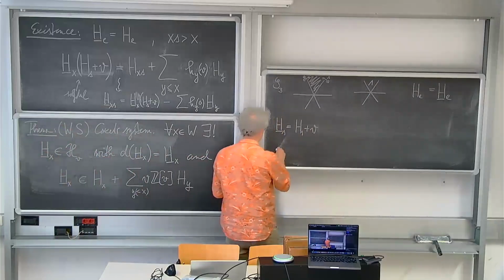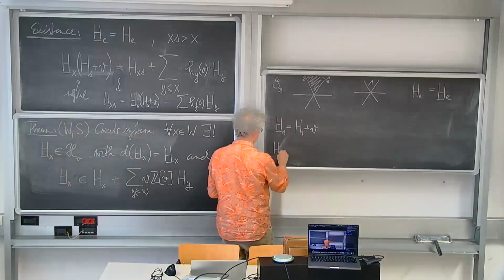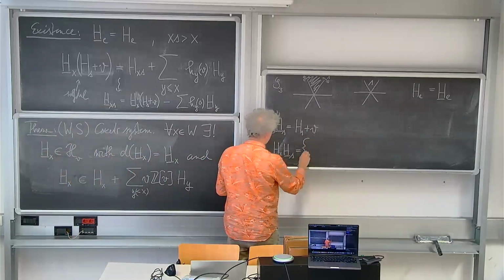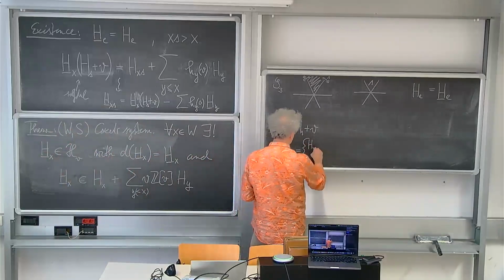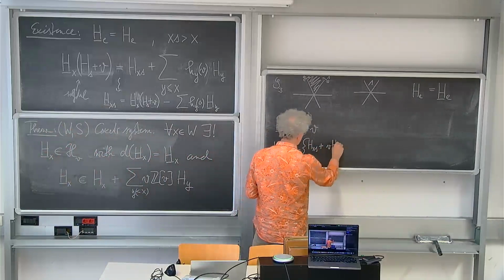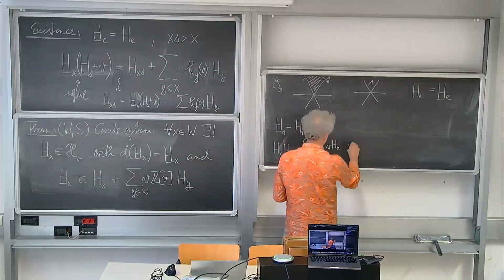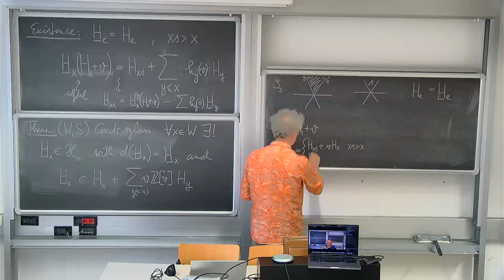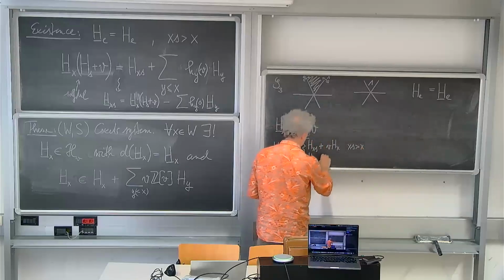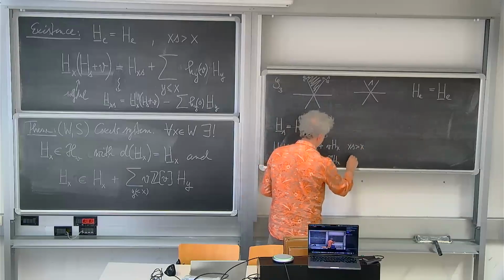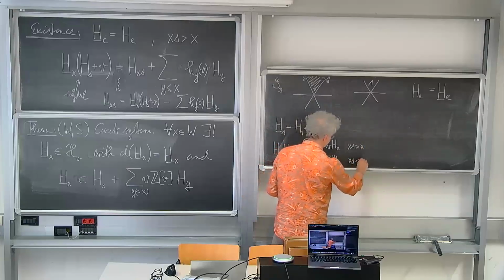And I know that if I multiply H_X by H_S, I get either H_XS plus v H_X if XS is bigger than X, and I get H_XS plus v^{-1} H_X if XS is smaller.